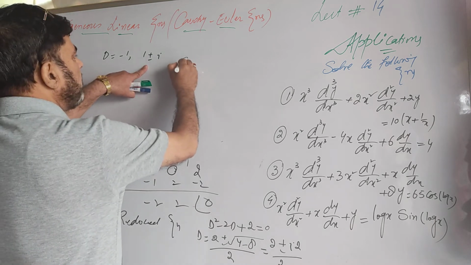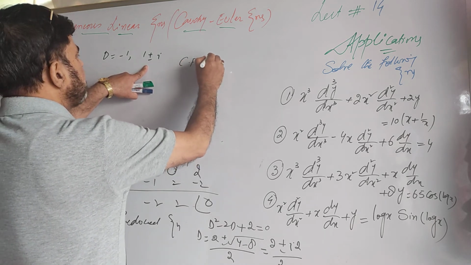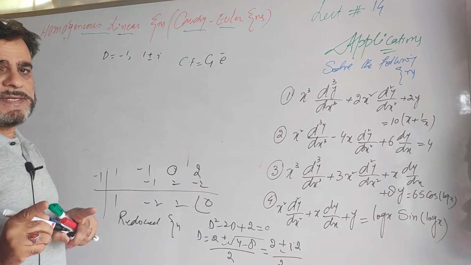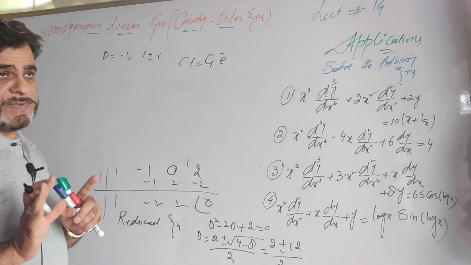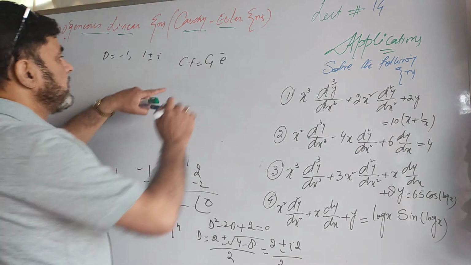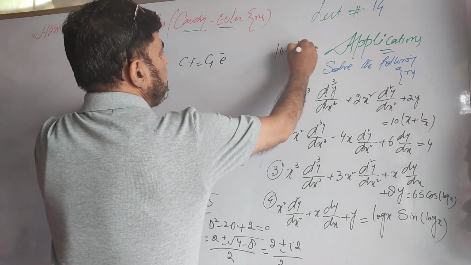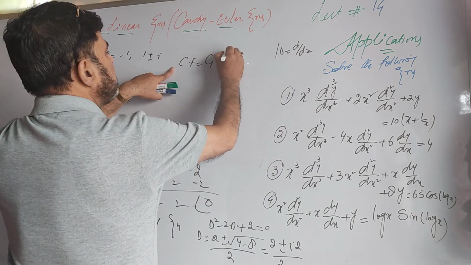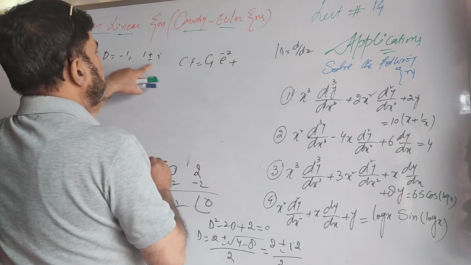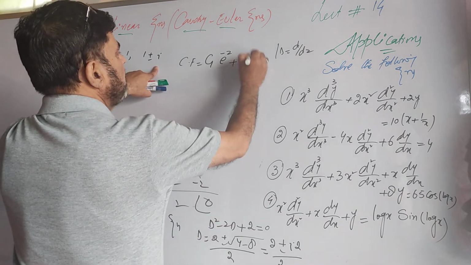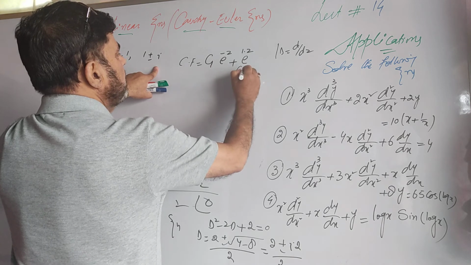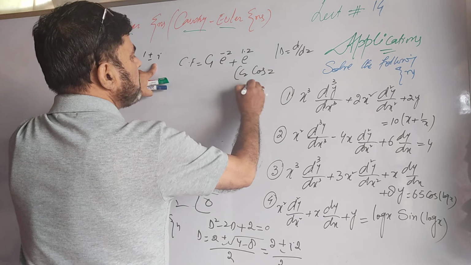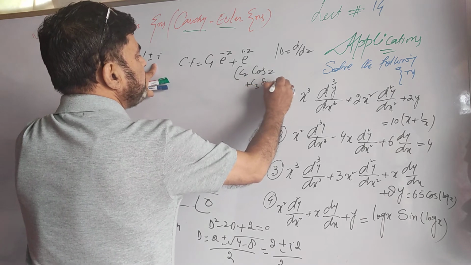Corresponding to this, what is the complementary function? It is c1 e raised to power minus. Be cautious, our D is d by dz. You should be very cautious here and don't write x, because my D here is d by dz. So e raised to power minus z plus, this is your complex number, e raised to power real part 1 into z, into c2 cos of the coefficient of iota, 1, it is cos z plus c3 sin z.